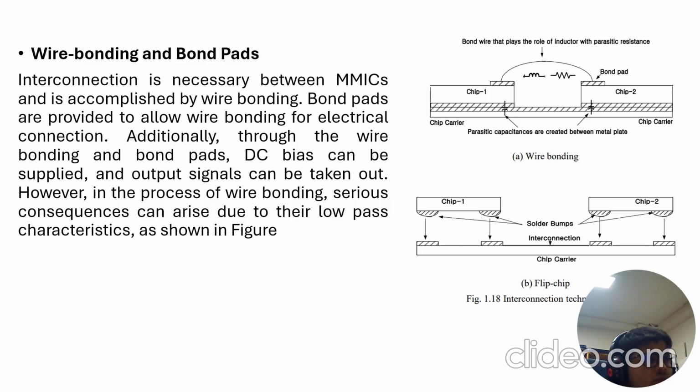However, in the process of wire bonding, serious consequences can arise due to their low pass characteristics, as shown in the figure. You can see the first one is wire bonding, where chip 1 and chip 2 are interconnected through bond pads. The bond wire plays the role of an inductor with parasitic resistance. And the second one is split chip.